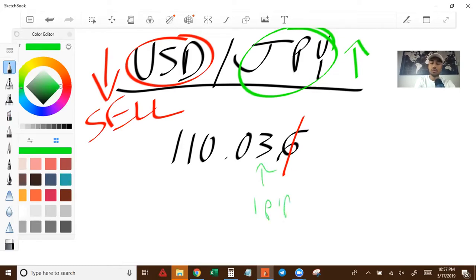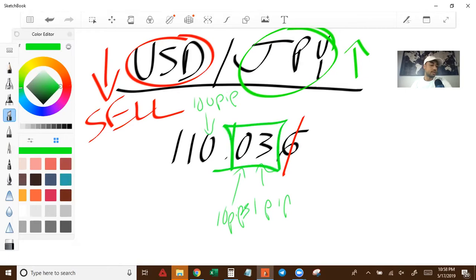So let's move to 1, 2, 3, 4, 5, 6, 7, 8, 9. This is the 10 place. So 10, 20, 30, 40, 50, 60, 70, 80, 90. And this one right here is the 100 digit. Okay. And these are the ones that we pay attention to. Very, very simple.